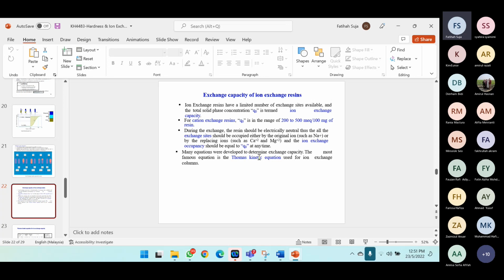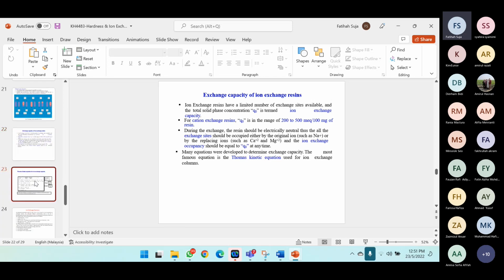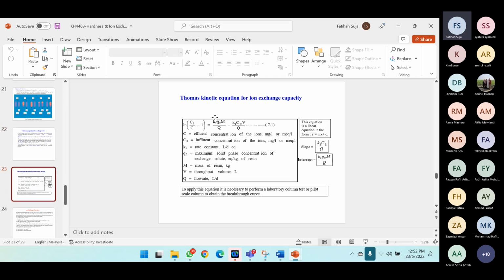Many equations were developed to determine exchange capacity. The most famous equation is the Thomas kinetic equation. So you need to determine the exchange capacity using this equation. And this is the Thomas kinetic equation for ion exchange capacity. So you will be able to tell after how much volume you need to start backwashing the system.